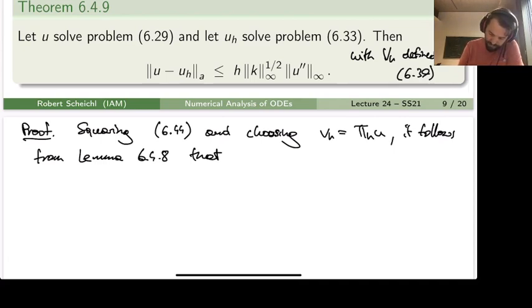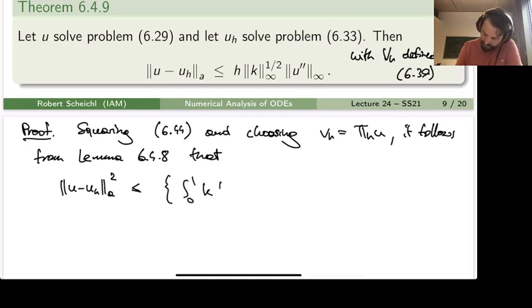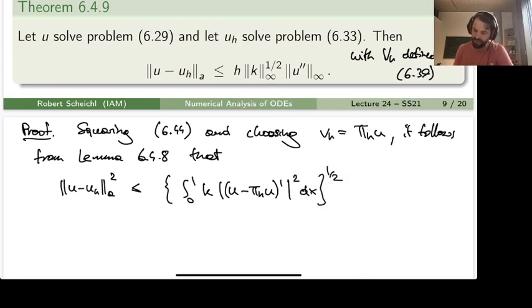So U minus UH in the A norm squared is less than or equal to the integral from 0 to 1 of K times U minus pi HU primed squared dx, to the half. So that's just substituting VH to be pi HU.